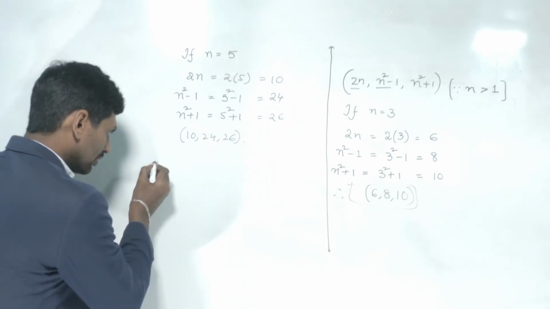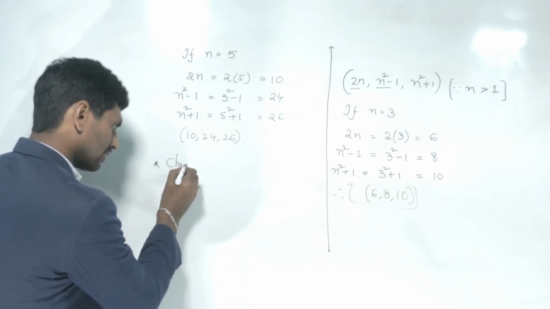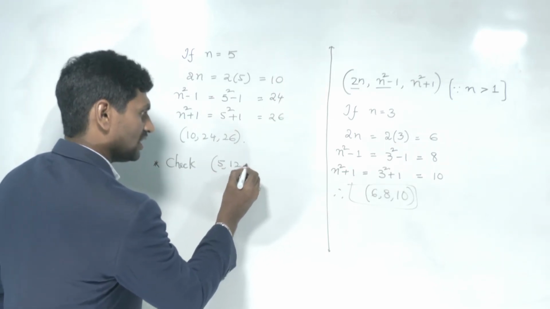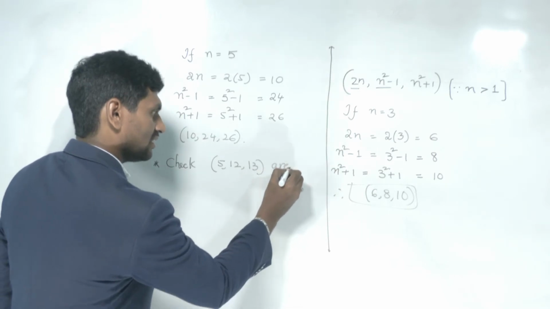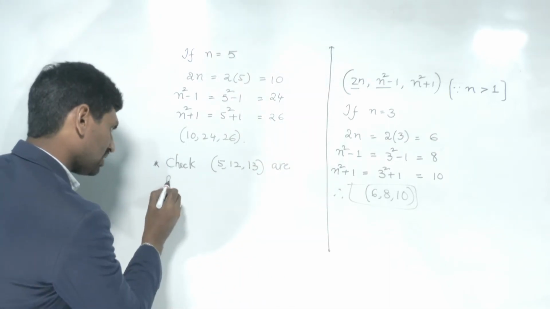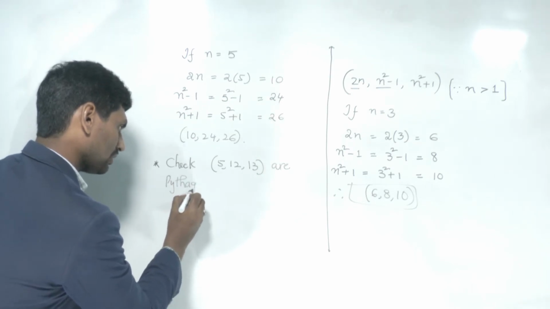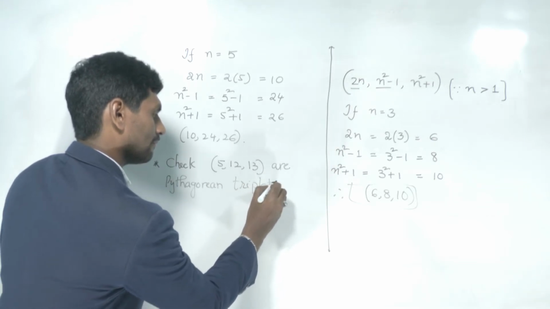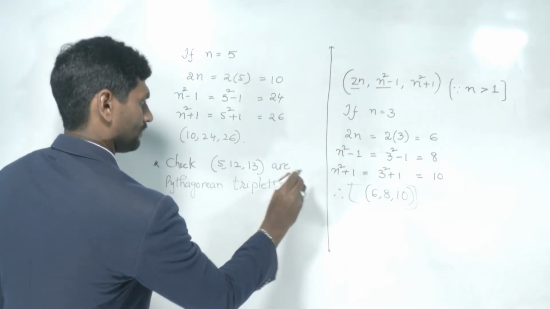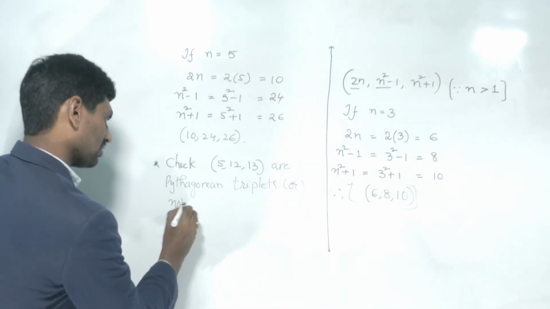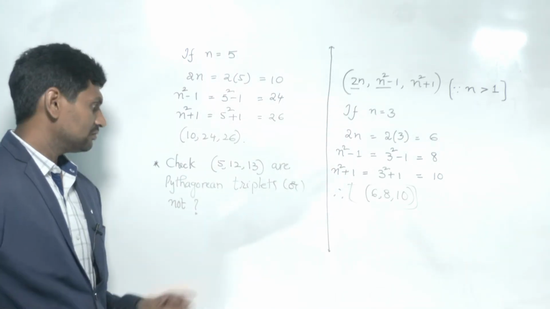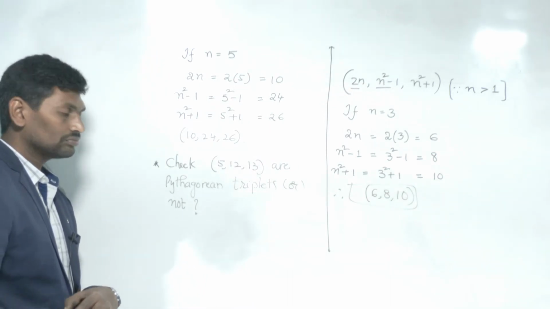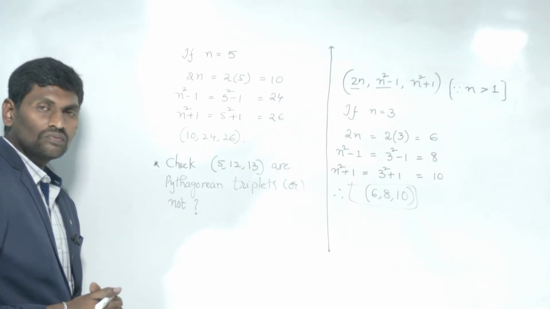Now one problem. Check whether 5, 12, 13 are Pythagorean triplets or not. How to check?